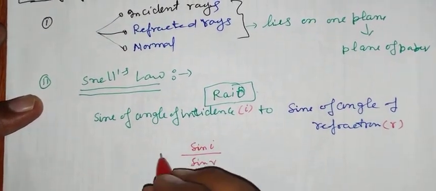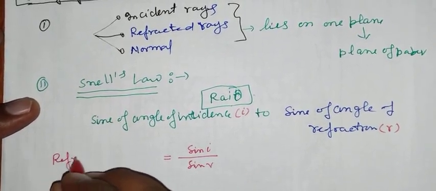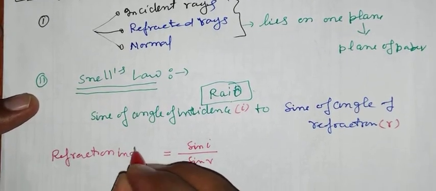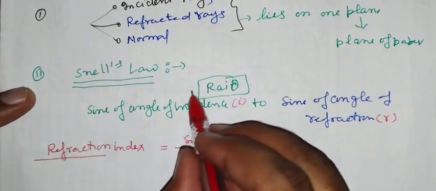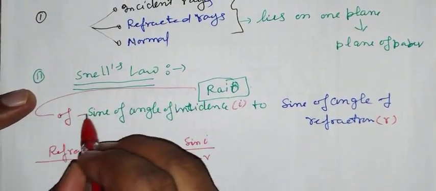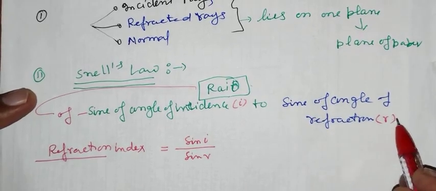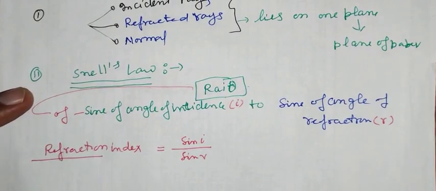It bears a constant ratio. This is called the refractive index. The ratio of sine of angle of incidence to sine of angle of refraction bears a constant ratio.